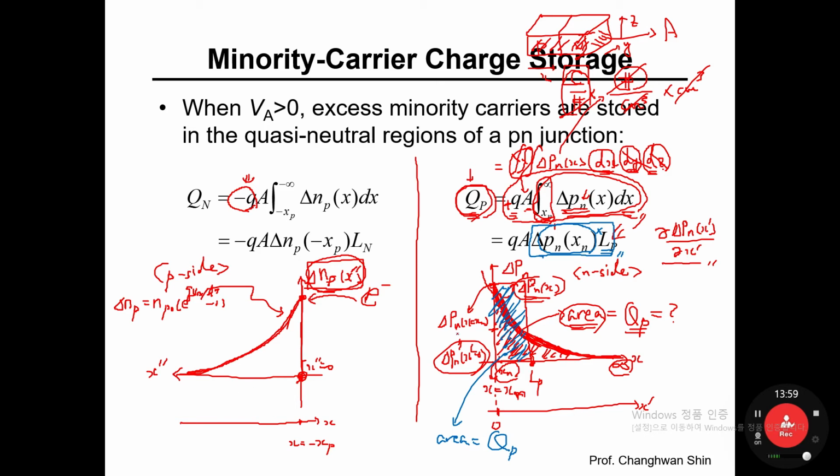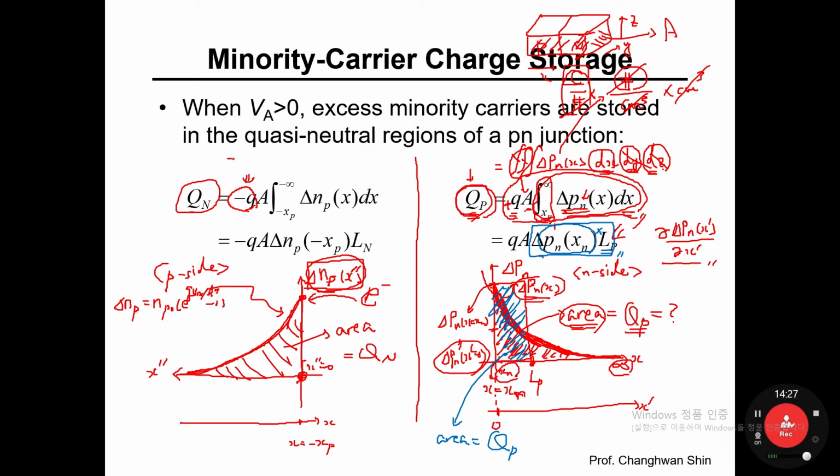And similarly, as we have done for hole charge storage on the n side, let's repeat how many electrons can be stored in the p side. I'm talking about this area. This area has been denoted as q sub n, as also shown here.